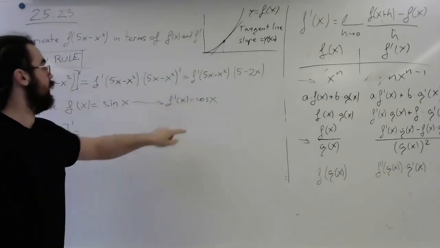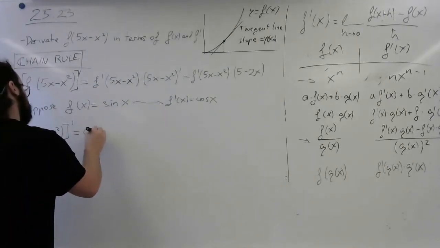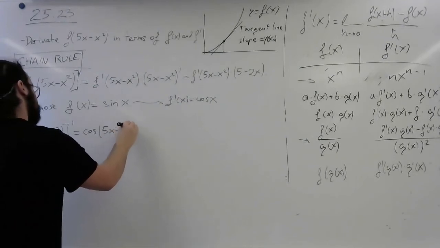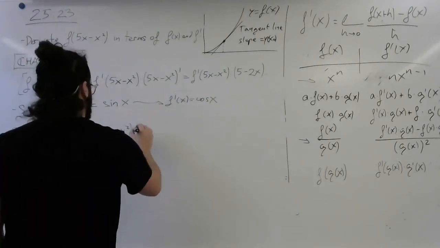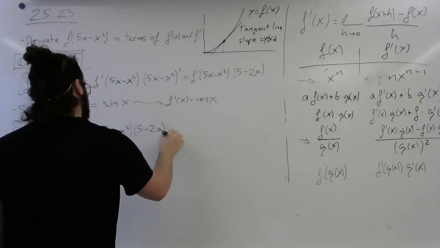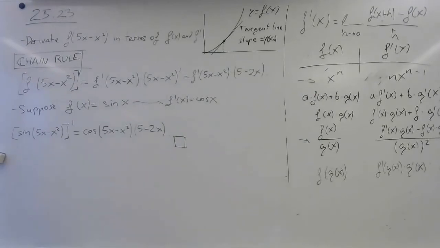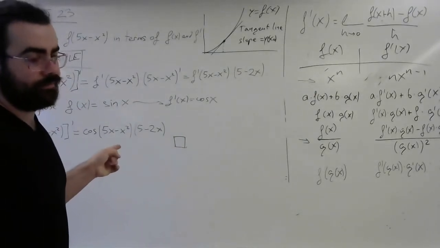I mean, the cosine of all that is inside, times the derivative of what is inside here, which is 5 minus 2x. This is the chain rule, gentlemen.